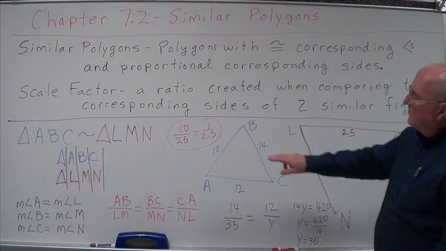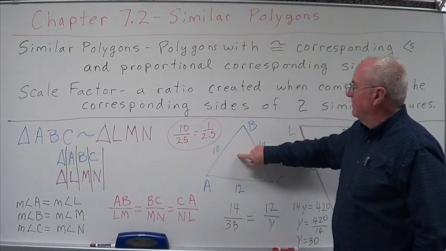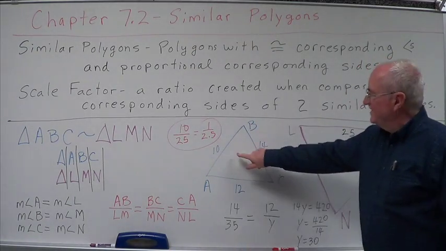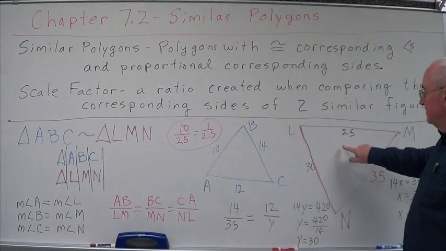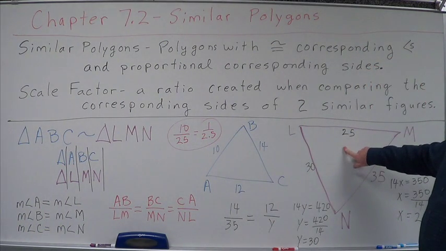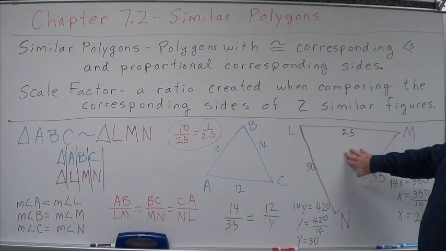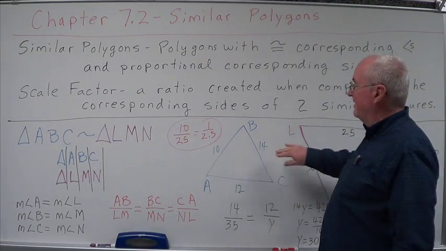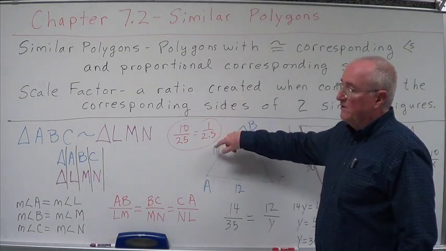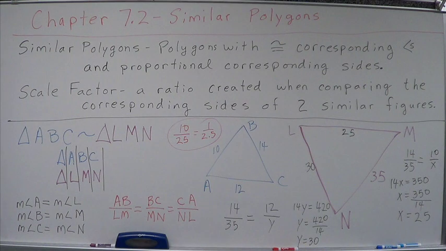So our scale factor from here to here is 1 to 2.5. It takes 2.5 of these to make 1 of these. That would be our scale factor.